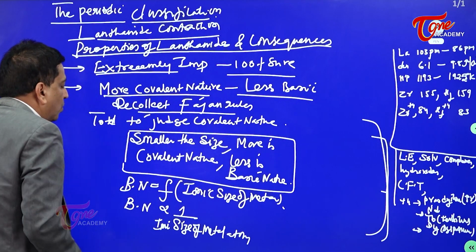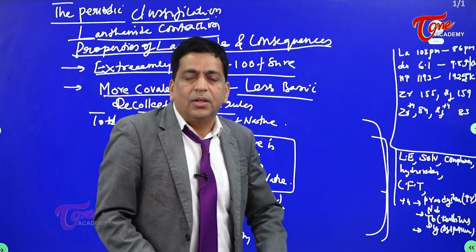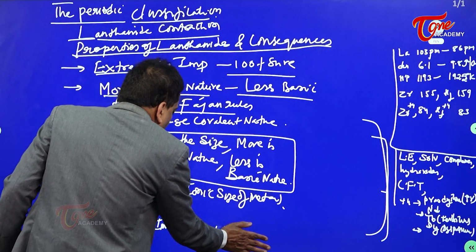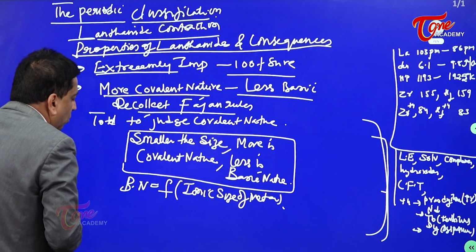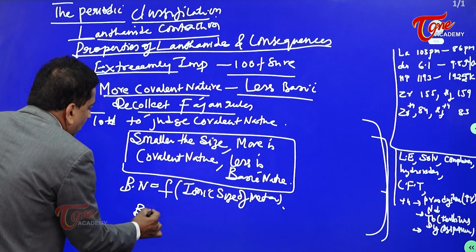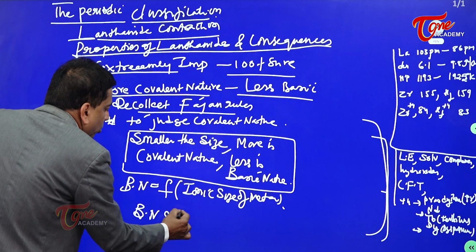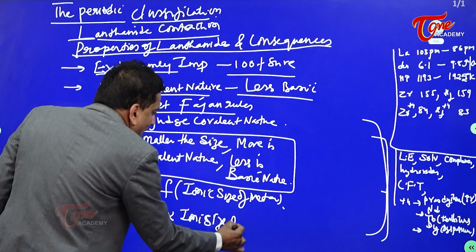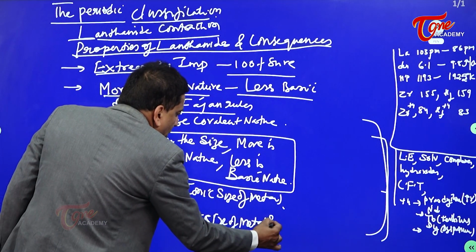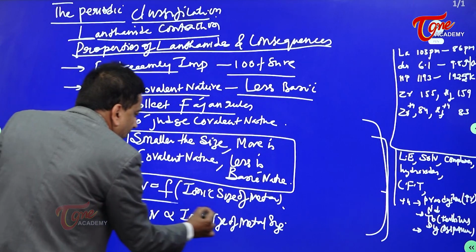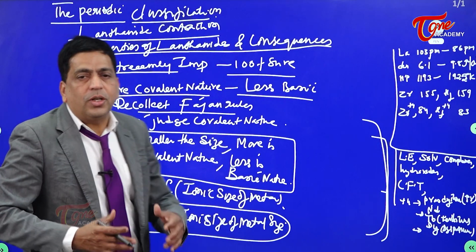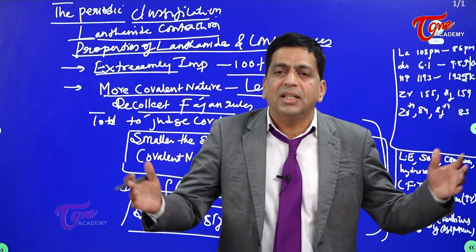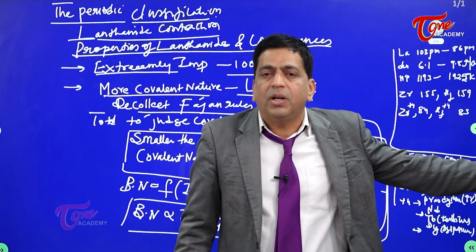The smaller the ionic size, no, in fact, not inverse relation. Sorry, I withdraw. Basic nature is directly proportional to the ionic size of the metal atom. You must understand, not inverse relation, please. So more is the ionic size of the metal atom, more is basic nature, because the biggest sizes are placed to the extreme left in the periodic table.